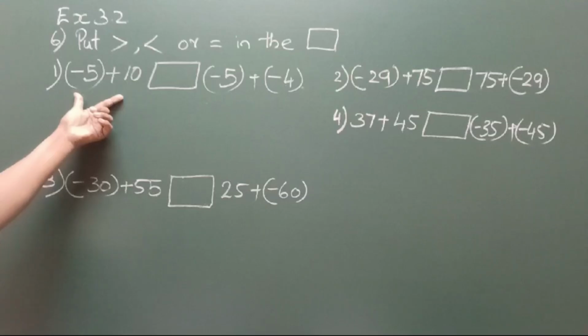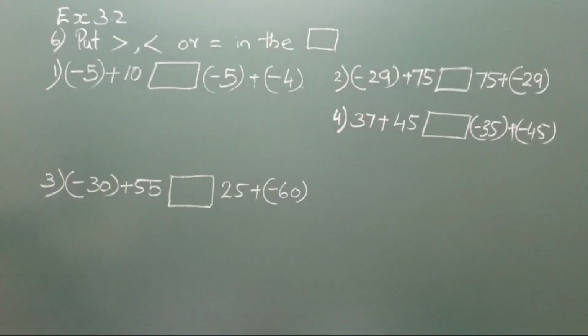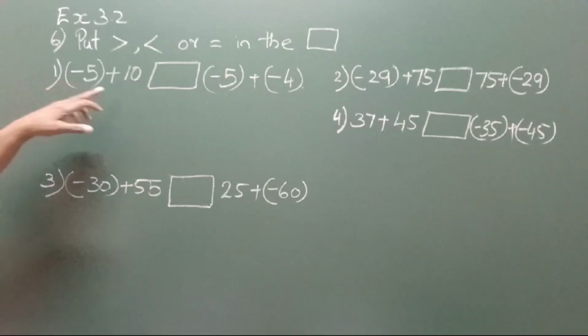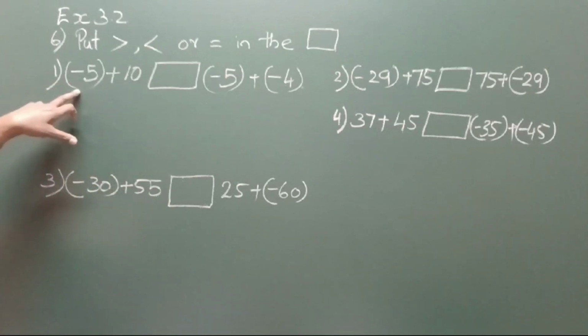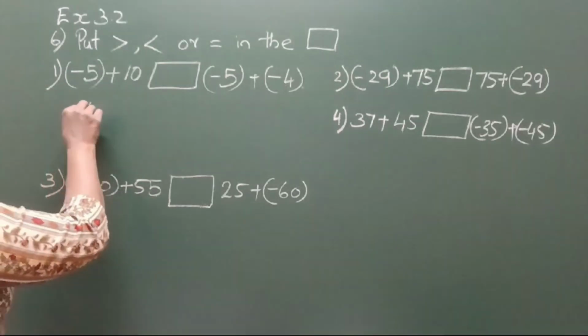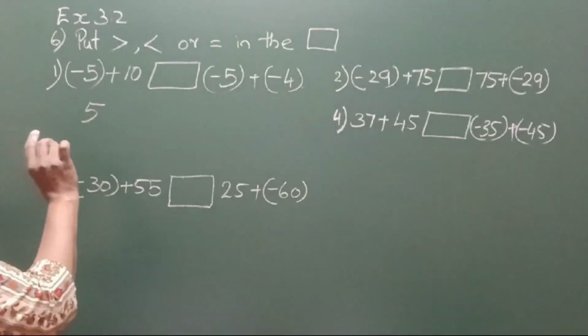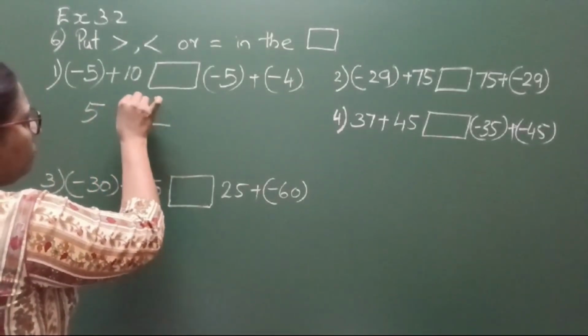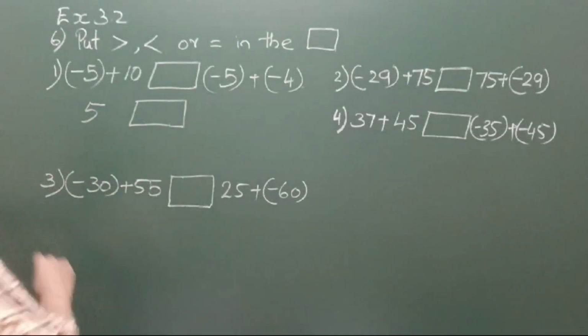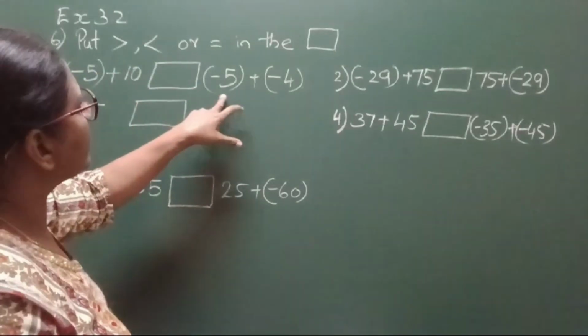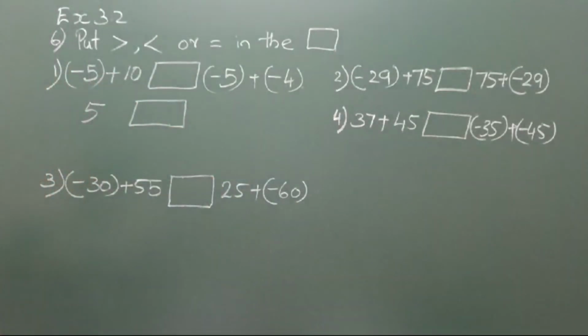We have to find the difference and give the greater number's sign. 10 minus 5 is equal to 5. Greater number sign is positive. Okay. Now again we'll keep a box here, and then minus 5 plus minus 4.